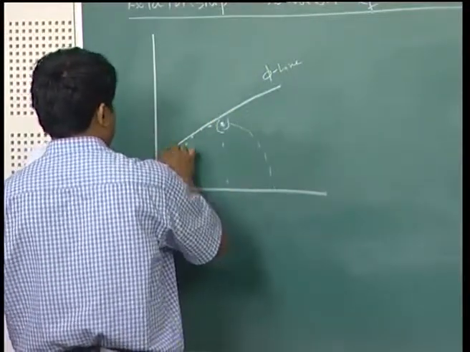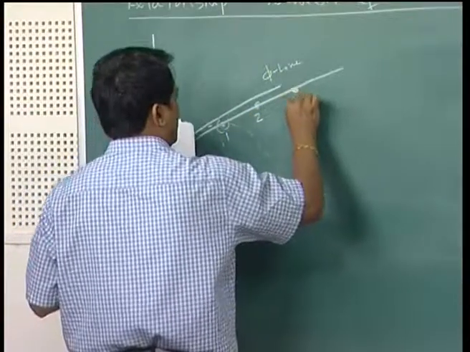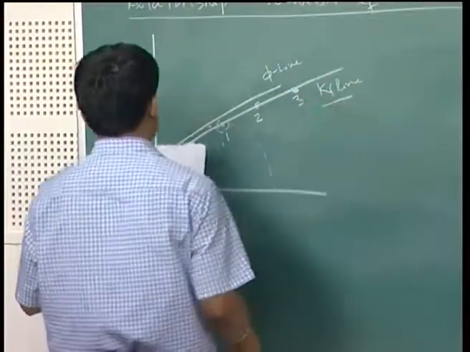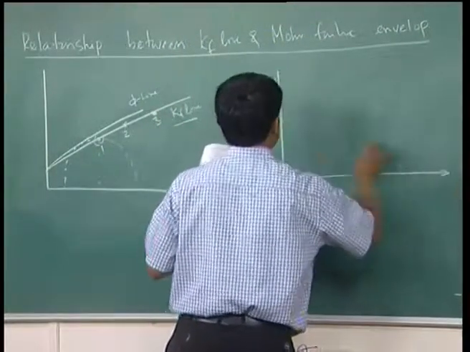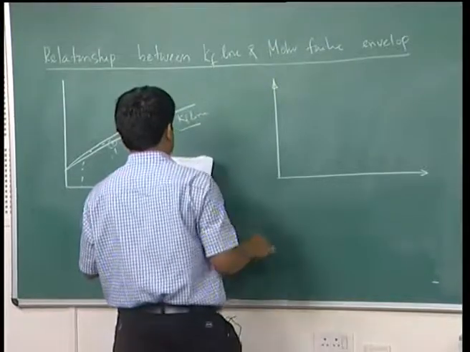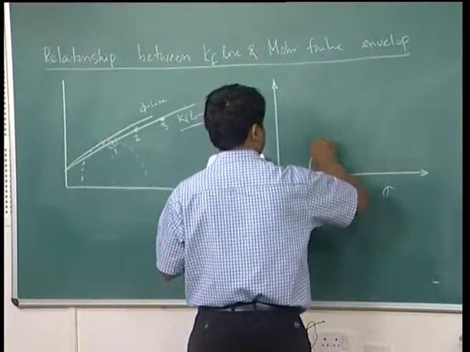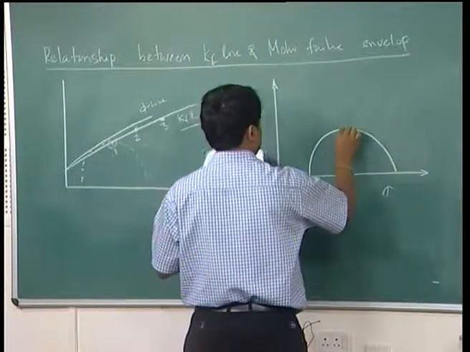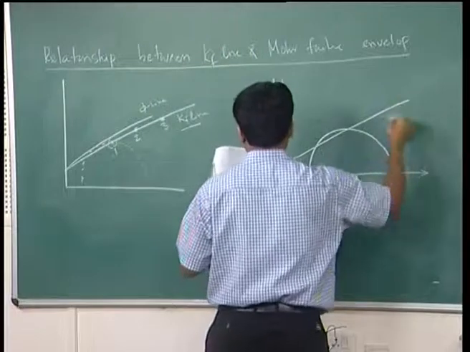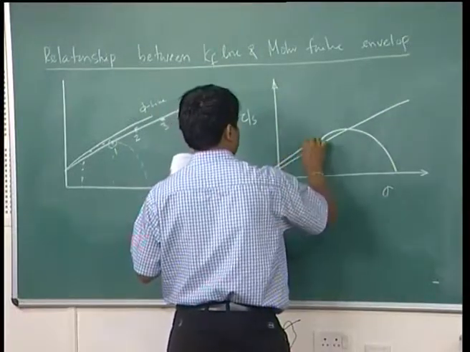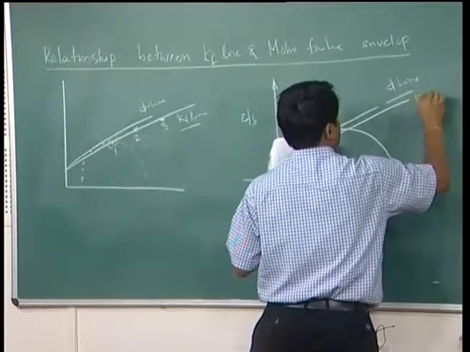So, one, 2, 3, this is your KF line. This is your phi line, this is your KF line.